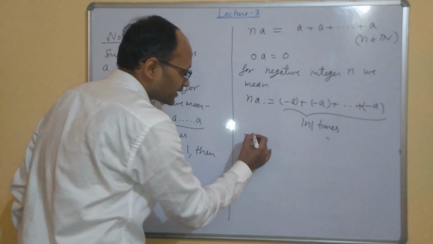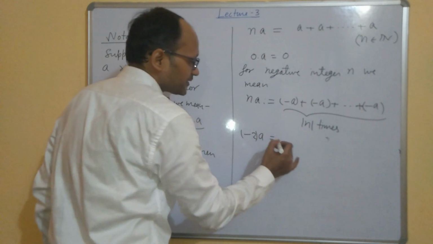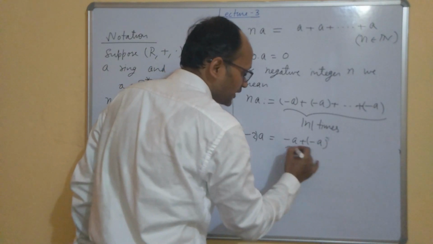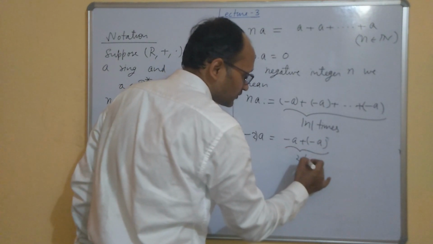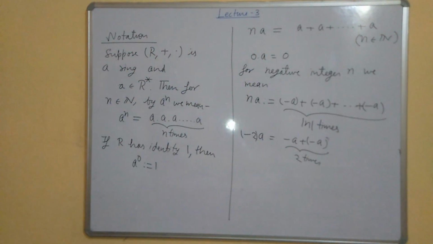Means if you are taking minus 2a, then it simply means minus a plus minus a, 2 times. So this is the notation which we will use frequently, so it is necessary to introduce.